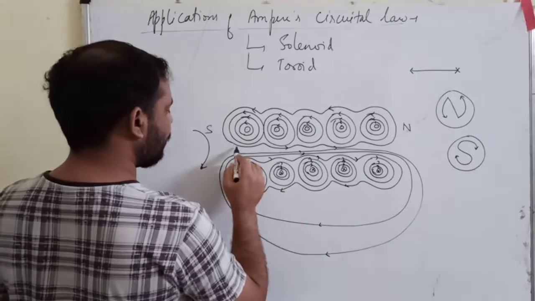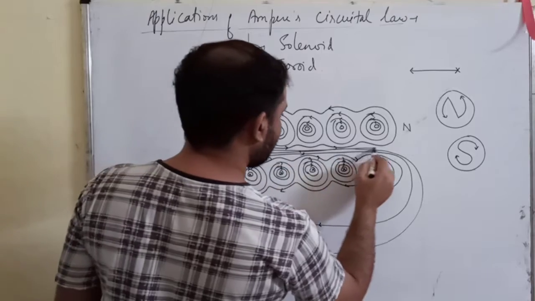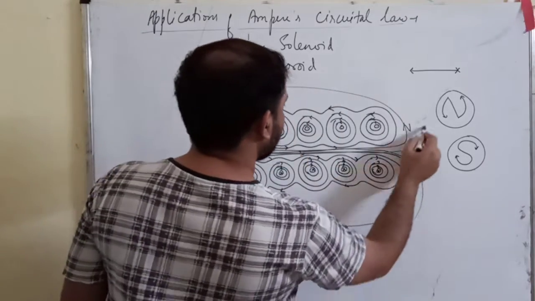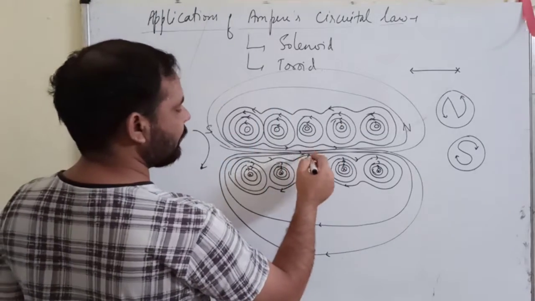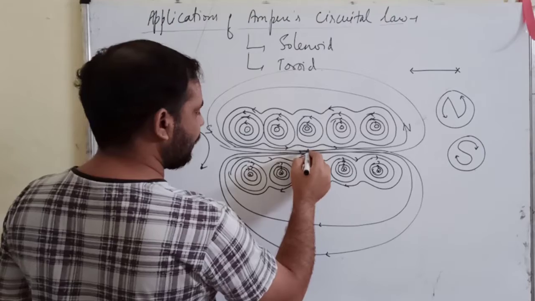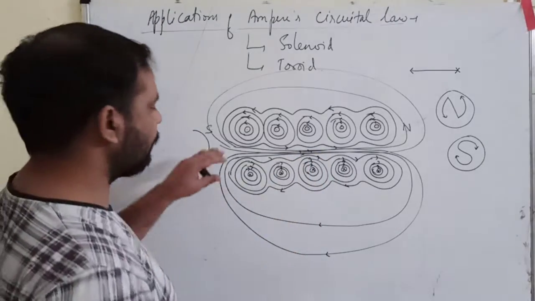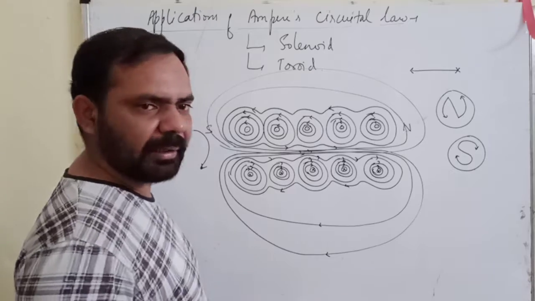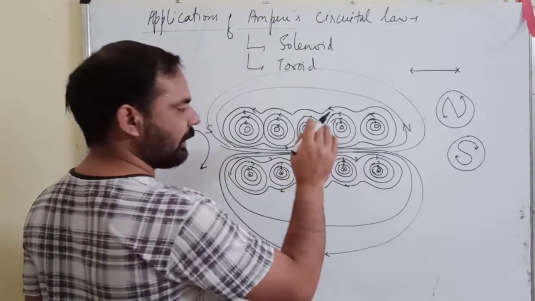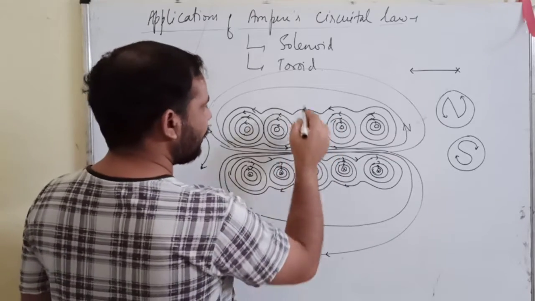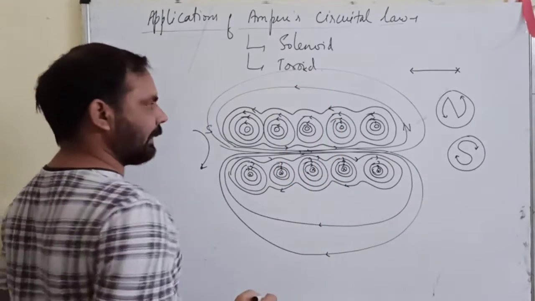Similarly you will draw for the upper part like this. Actually they should not intersect each other here, but you can understand that I wanted to draw separate lines. Since I don't have any scale or instrument, they are intersecting each other in this figure, but they should not. It should be like this.